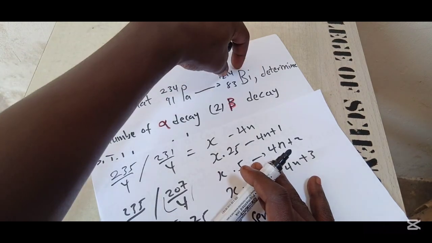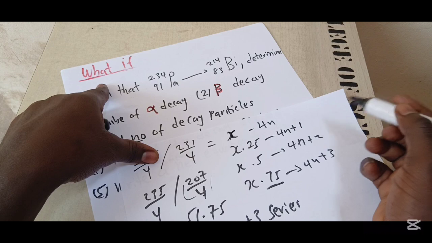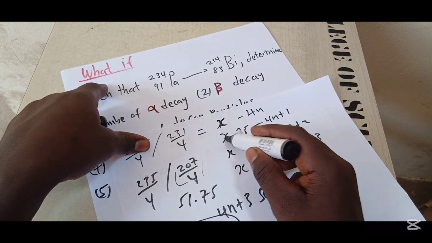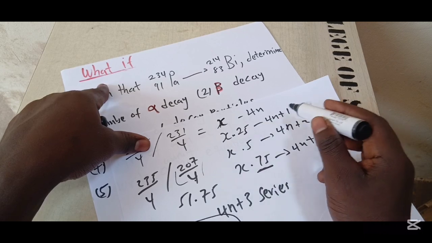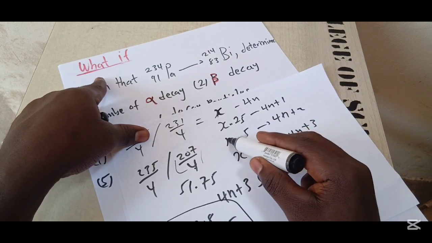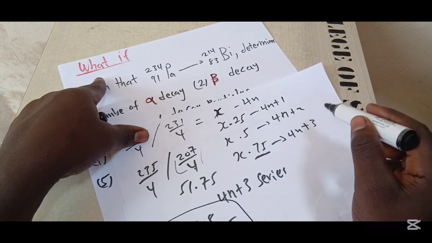If you get a result which is exactly a whole number, then it is a 4n decay series. If you get a value of 0.25, it is a 4n plus 1 series. If you get 0.5, it is 4n plus 2, and 0.75 is a 4n plus 3 decay series.